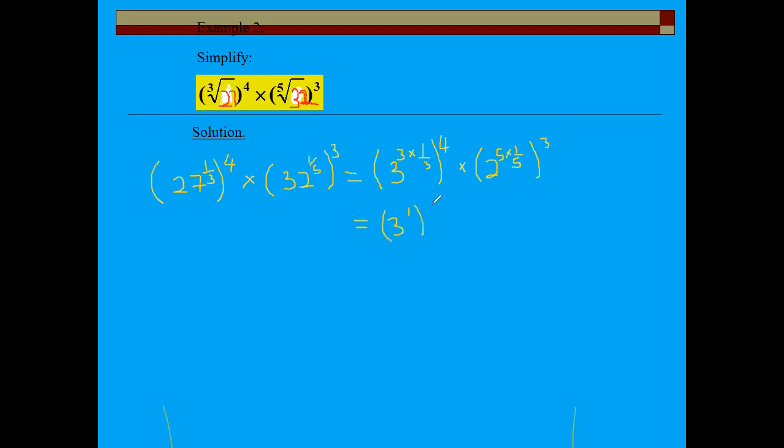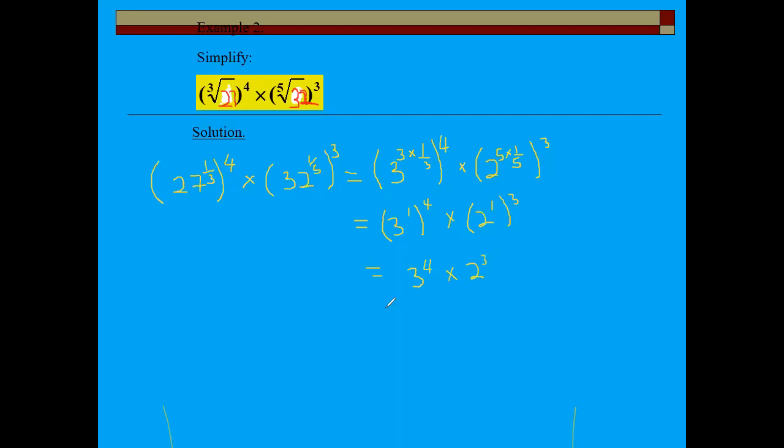All raised to power 4, times 2 raised to power 5 times 1/5, which will be 1, all raised to power 3. So this will give us 3 raised to power 1 times 4, which is 4, times 2 raised to power 3.